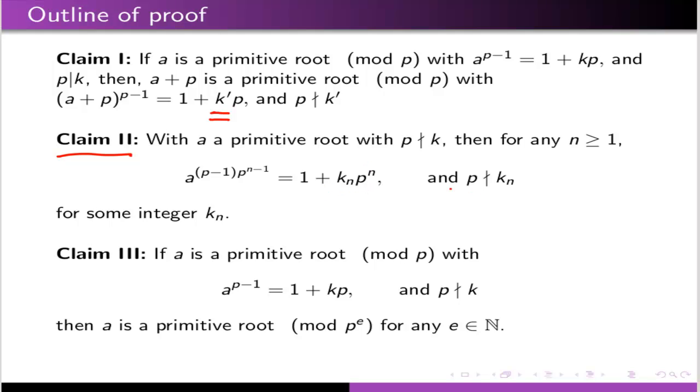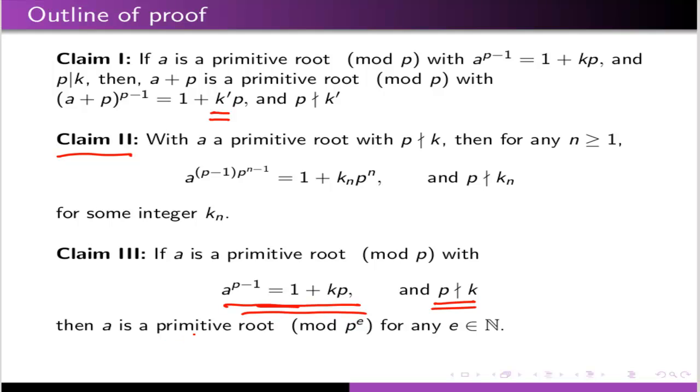And again, p is not going to be a divisor of the integer k_n. And it will follow from claim 2 that a is in fact a primitive root mod p to the e. So if you start with a primitive root, and the Fermat relationship right here has the property that p is not a divisor of k, then that value of a will continue to be a primitive root mod p to the e.